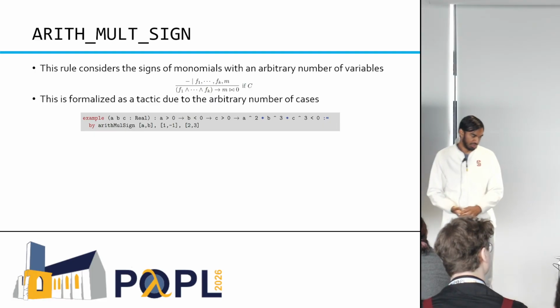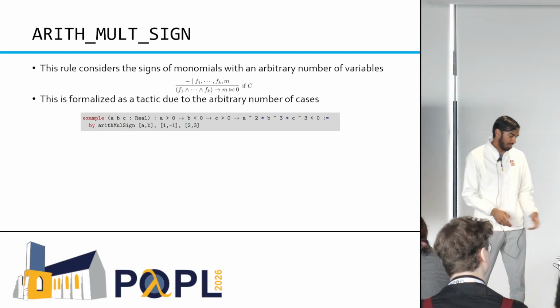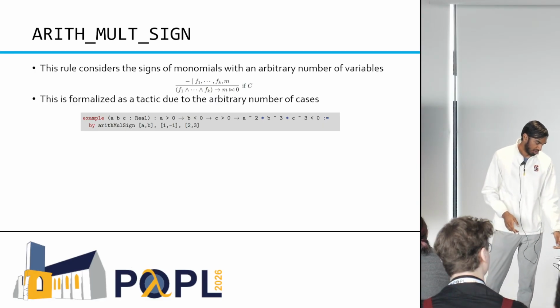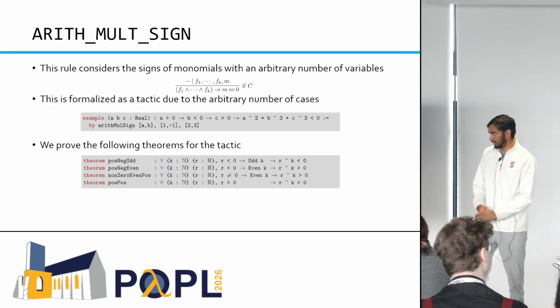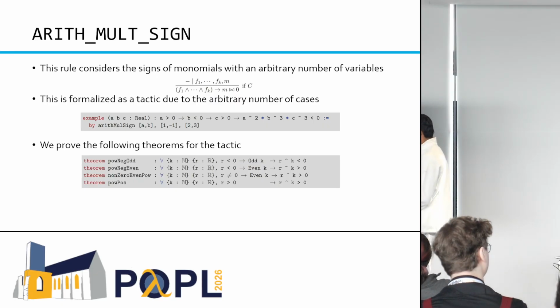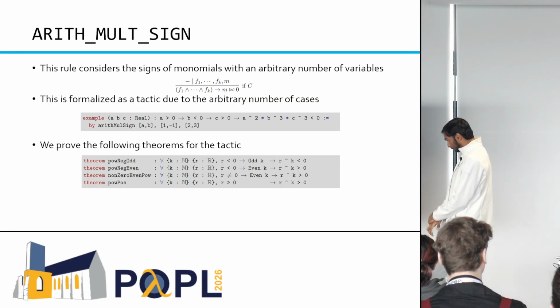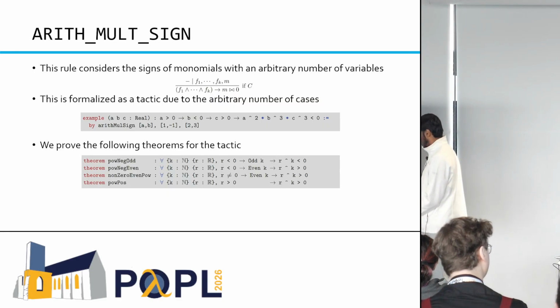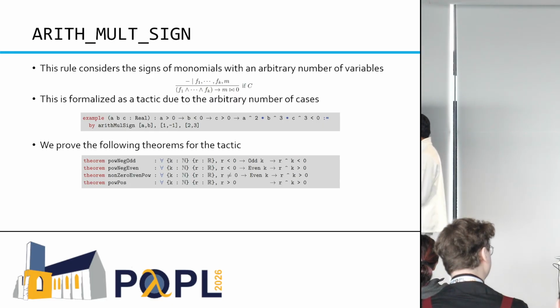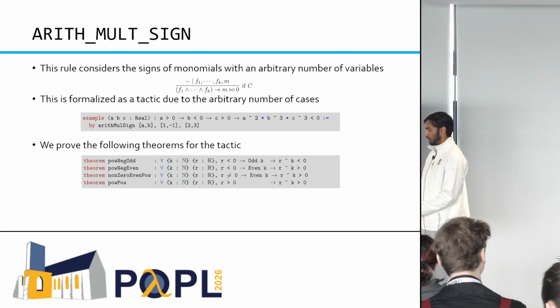This can be done by a tactic we wrote called arithmetic sign, which basically applies these theorems iteratively to the monomial expression. These theorems are just all possible cases of raising a negative number to an odd power, a negative number to an even power, and so on and so forth.